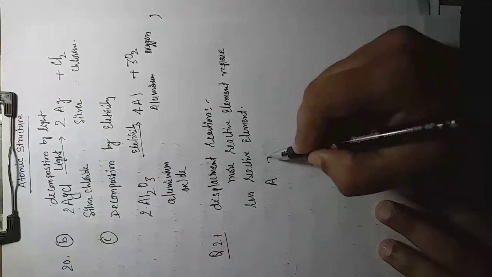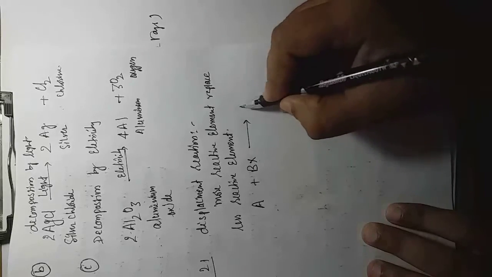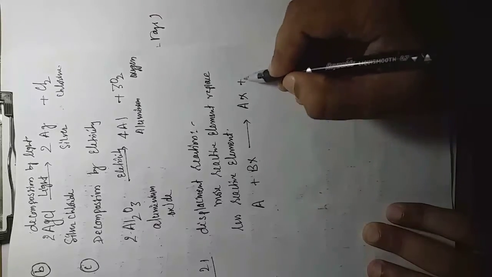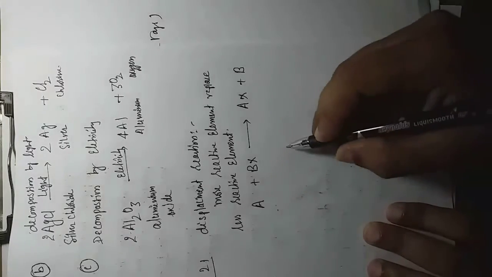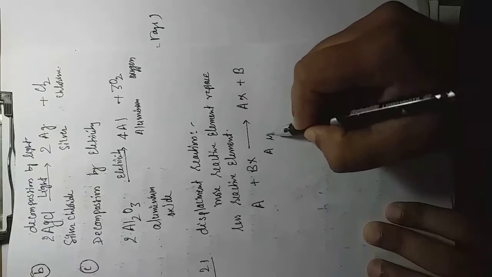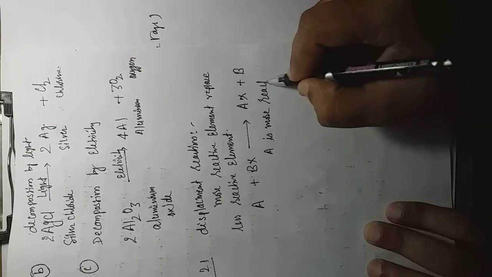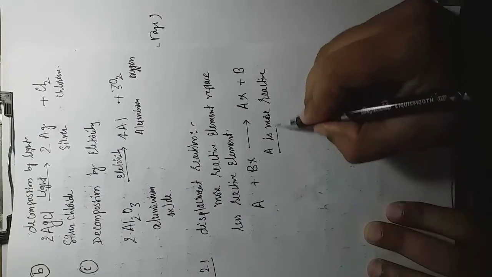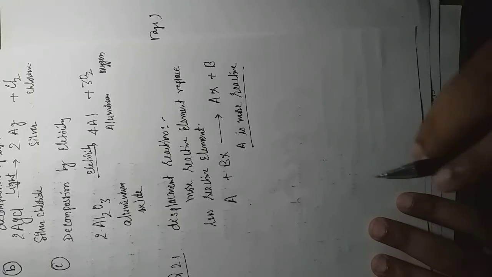The example we are showing here: A reacts with BX, it gives product AX plus B. What is going on? B is replaced by A. So we may say A is more reactive, so it replaces B. That's why we can say A is more reactive.